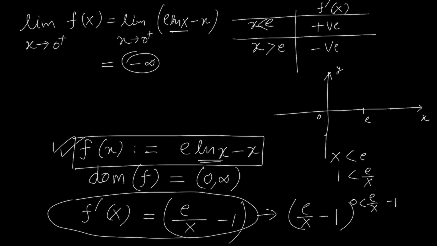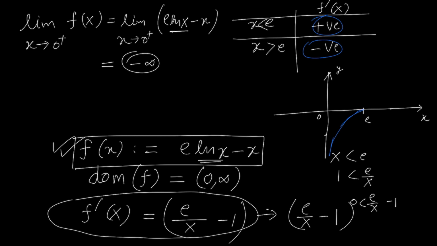So what we see from this information is that when x is approaching 0, f(x) is negative, and from 0 to e, f dash x is positive. That means f(x) is increasing, so it will approach this value.